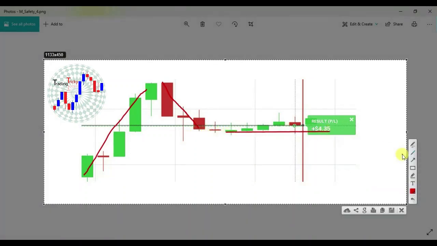Actually every time sellers are increasing their power, but in this candle we can see strong seller's entry at the end. Okay, and from the round number, so there is a chance to make a red candle through. That's the reason I have placed the trade with some margin.